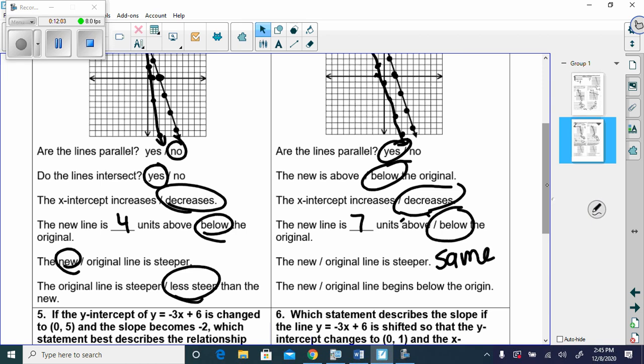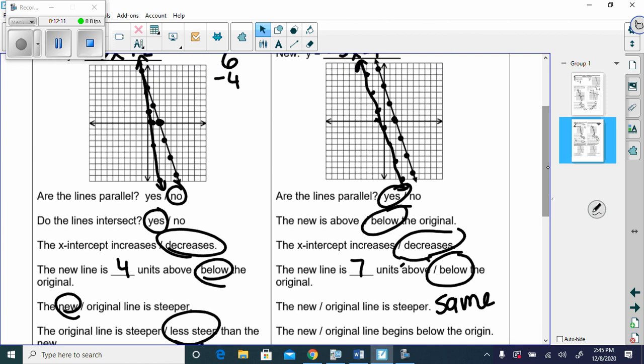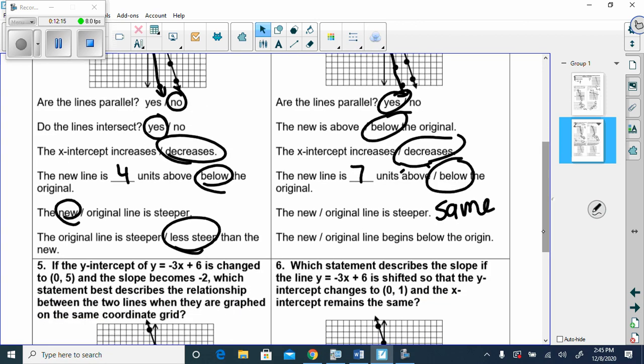Which means it says the new or the original line begins below the origin. Which one begins below the origin? The new. Very good. Well, neither one is steeper because they're the same. So they mean the same thing.